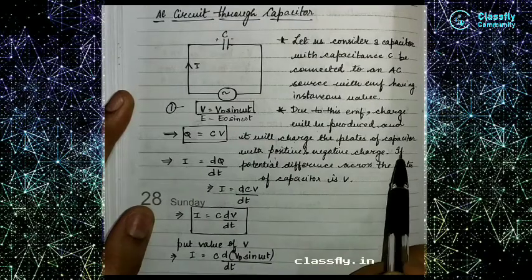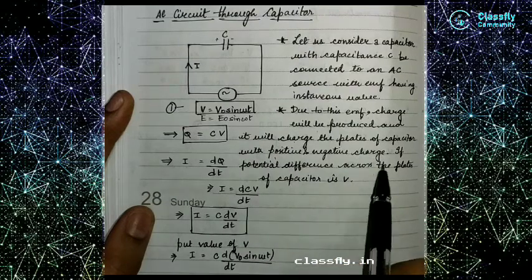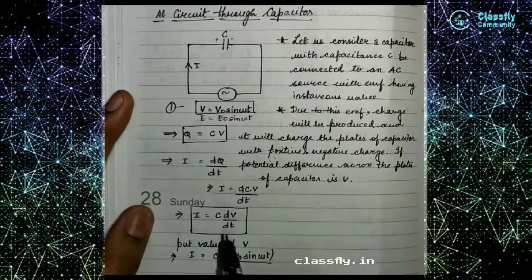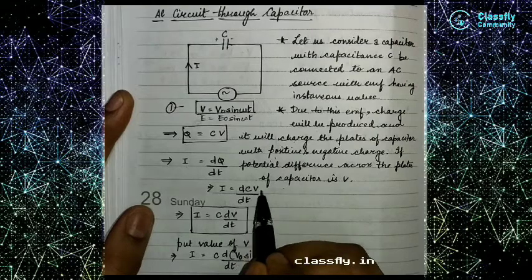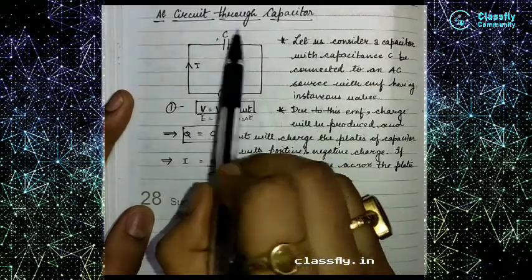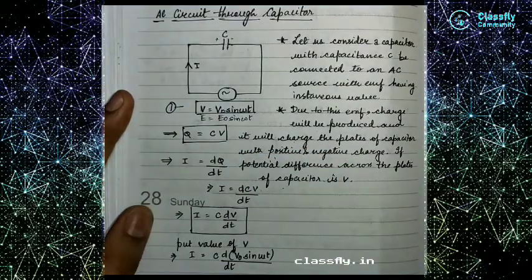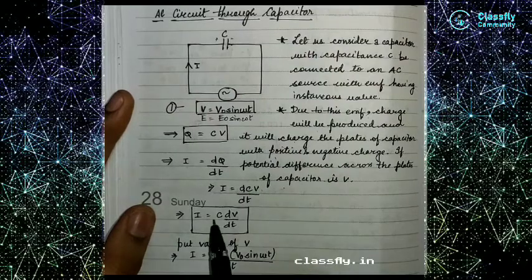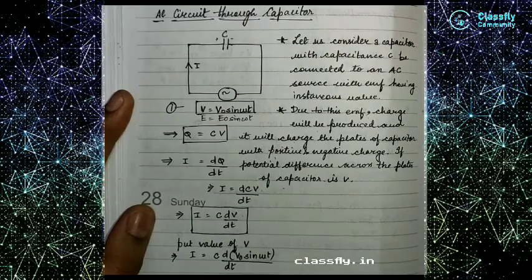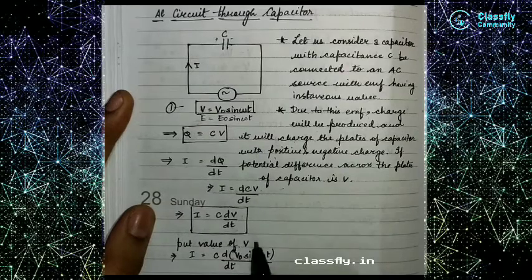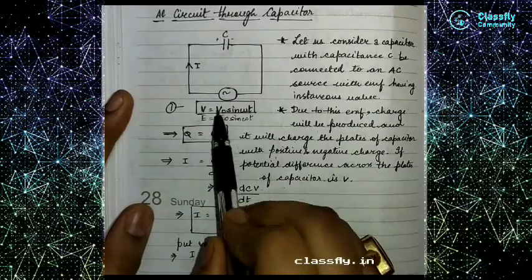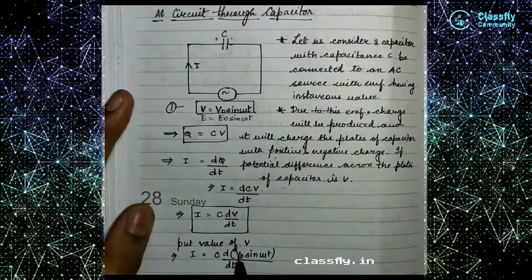If the potential difference across the plates of the capacitor is V, then this V is the potential difference across the capacitor. Now we will take this C out and solve dV by dt, so I is equal to C dV by dt. Now we put the value of V, the EMF, whose instantaneous value is V0 sin omega t.